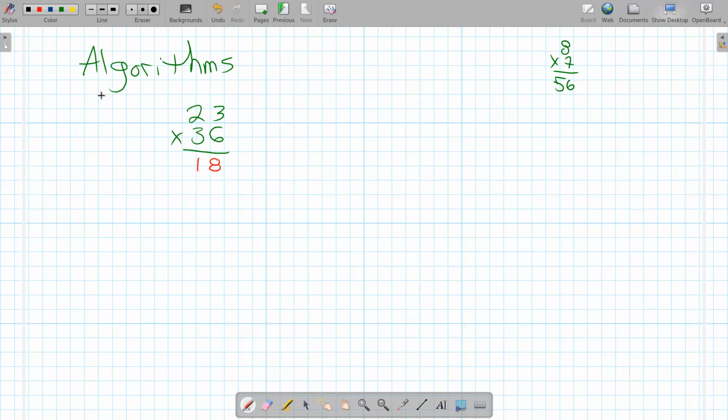So the first algorithm I'm going to show you is not this one you're probably used to, but what's called the expanded algorithm. In the expanded algorithm, you just need to recognize place value. So 3 times 6 is 18, no problem. And then this isn't really 6 times 2, it's 6 times 20. I know 6 times 2 is 12, so 6 times 20 should be 120. 3 times 3 would be 9, but this is really 30 times 3, so that's going to be 90.